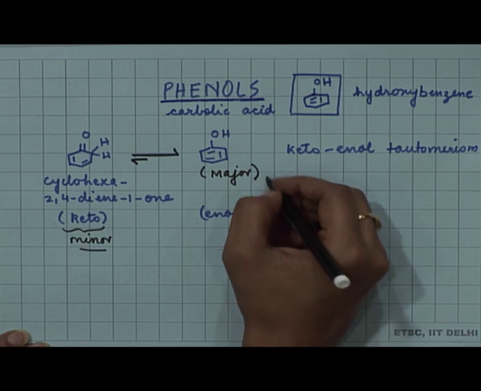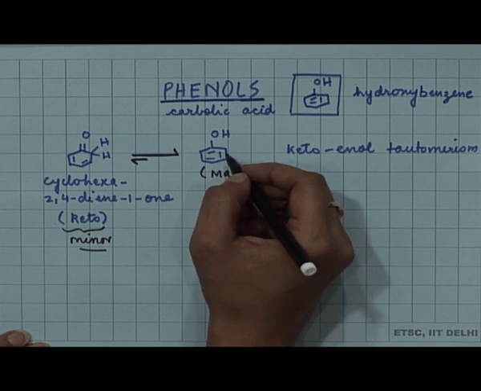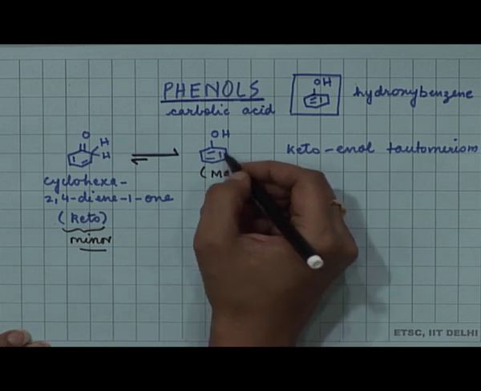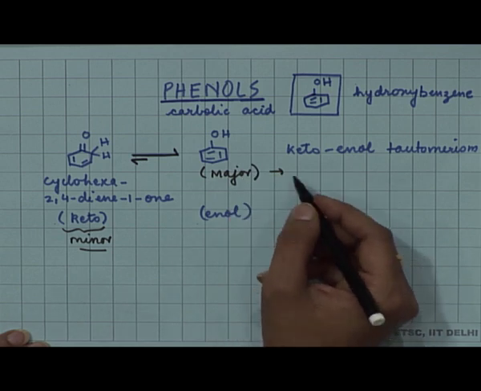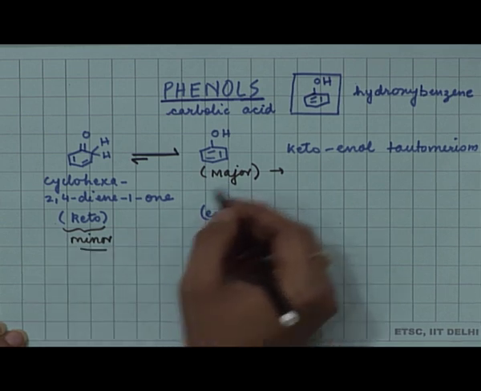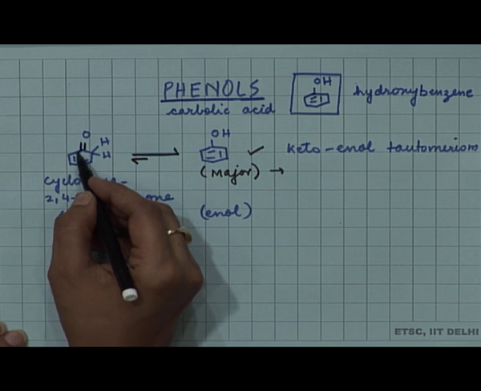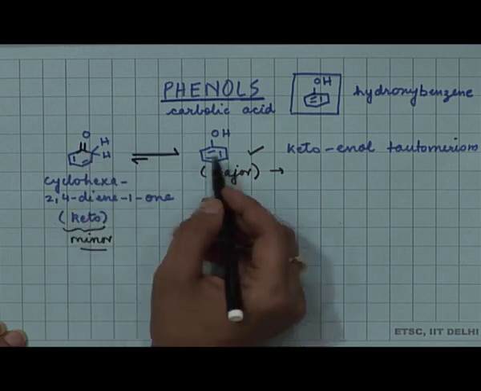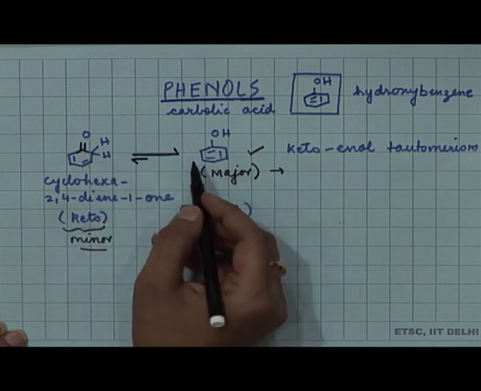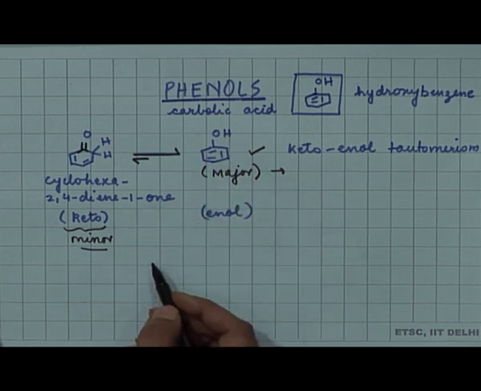The stability of the enolic form can be understood in terms of the aromaticity acquired as a result of enolization. So, this aromatic ring is the driving force for the enolic form to predominate. In the keto form there is only one carbonyl, which gives more stability over a carbon-carbon double bond, but in the case of a phenol, it is the aromatization which is the driving force.